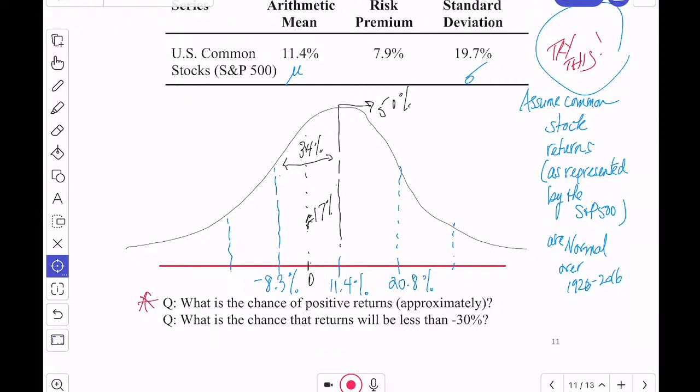Because it's about a 70% chance of positive returns. I'm really estimating here. Okay, so that's my best answer. Do you have a different answer for that?